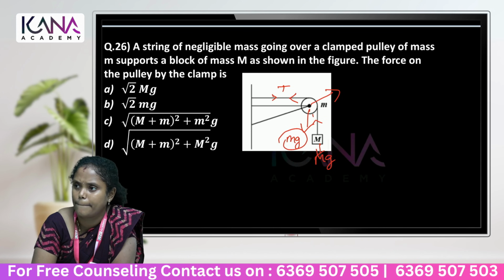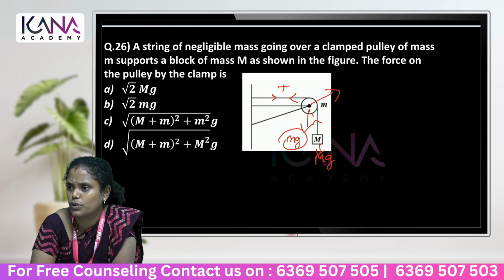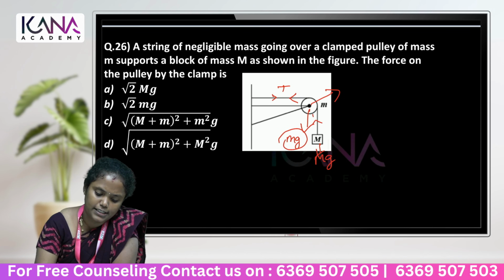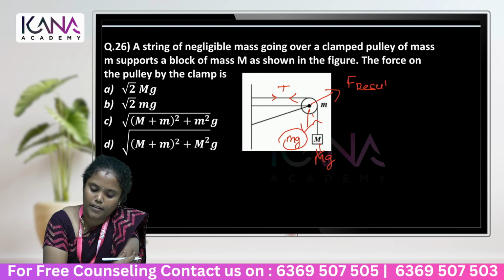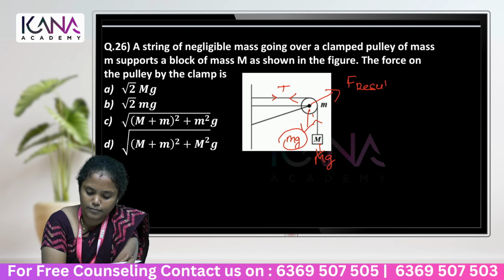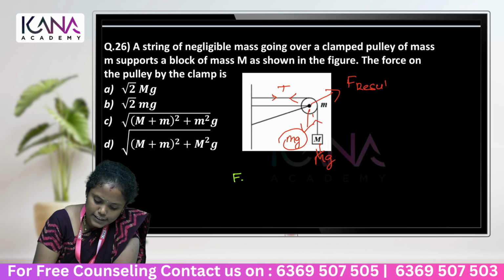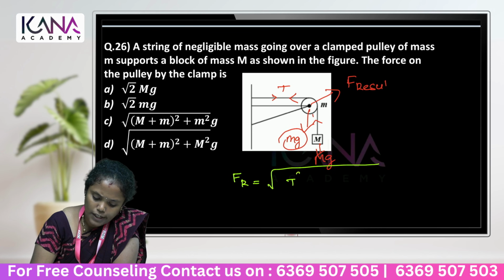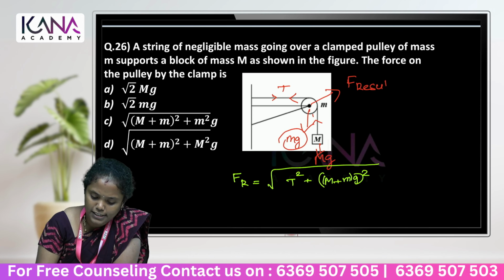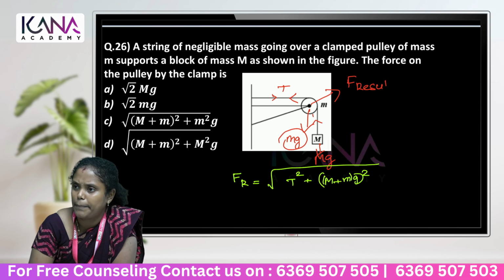Now try to find the resultant force. How do we find the resultant force? F resultant is equal to square root of T square plus (m into g) the whole square. What is T? T is also capital Mg.